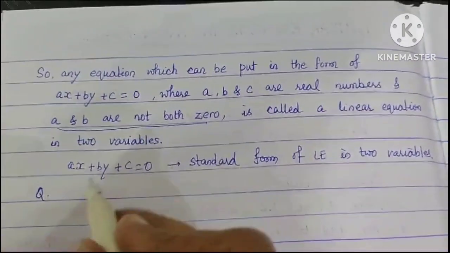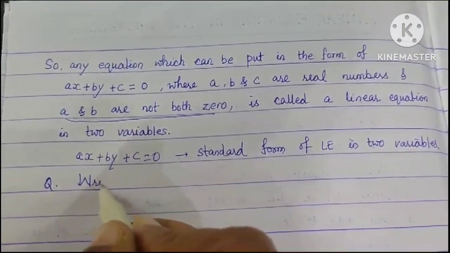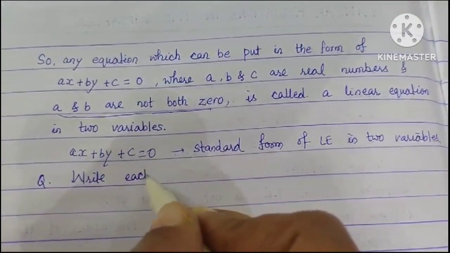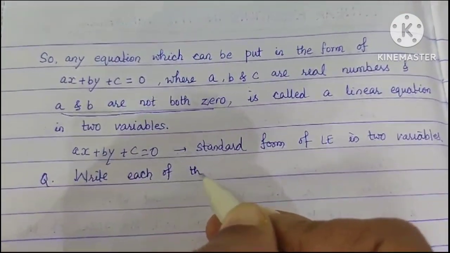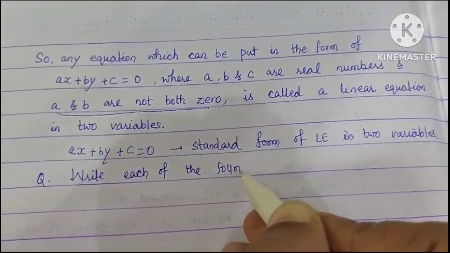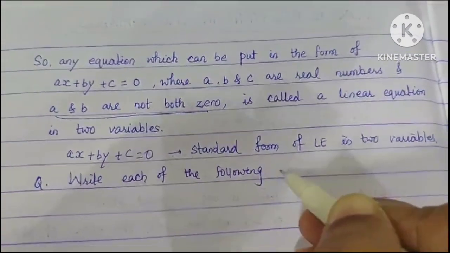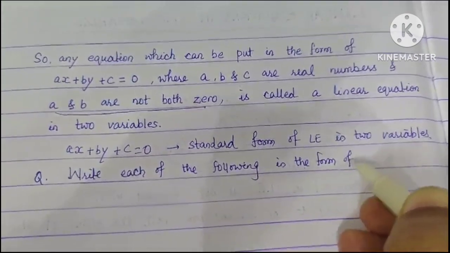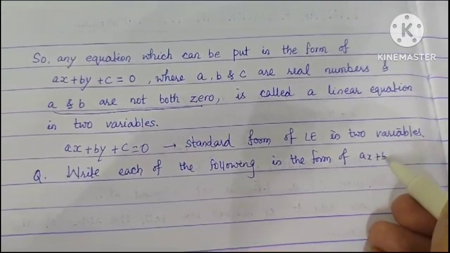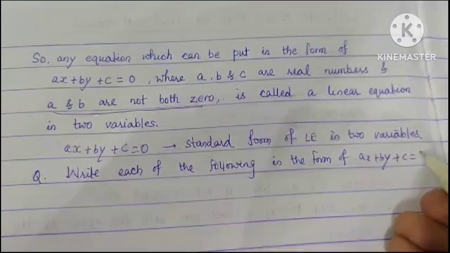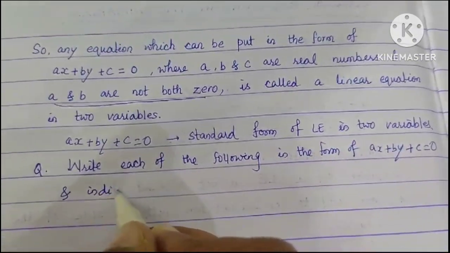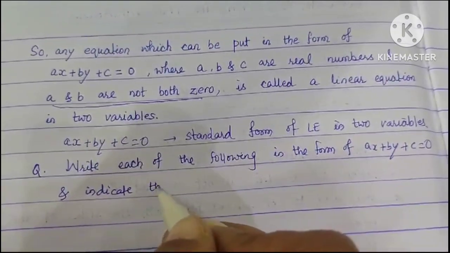The question was: write each of the following equations in the form of ax plus by plus c is equal to 0 and indicate the values of a, b and c.